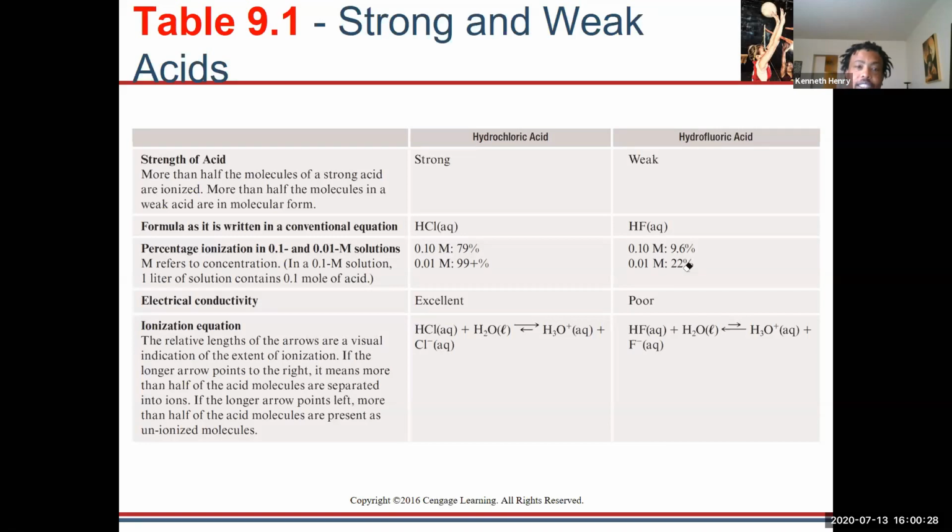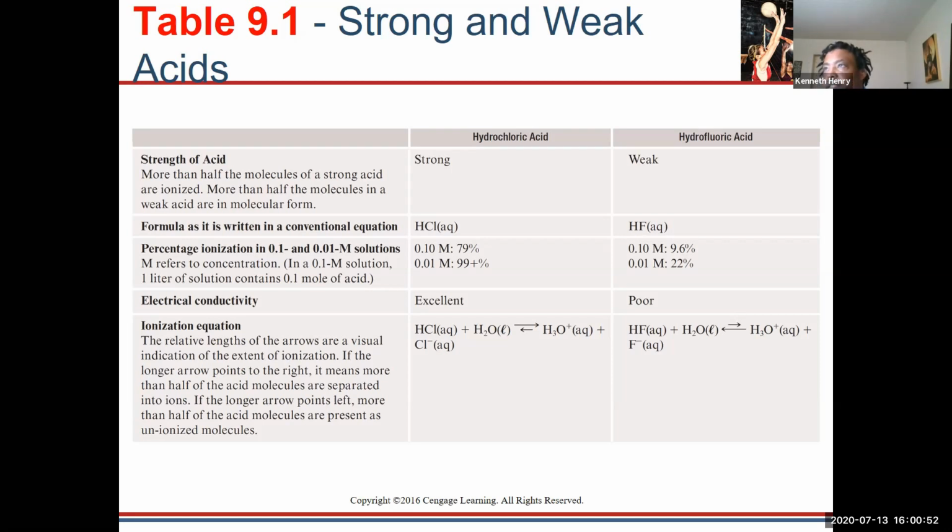They're not separating. So that's poor. It's going to conduct electricity very poorly. So you can actually do calculations to calculate the intensity of the light and figure out the percentage of ionization that's occurring in that solution.